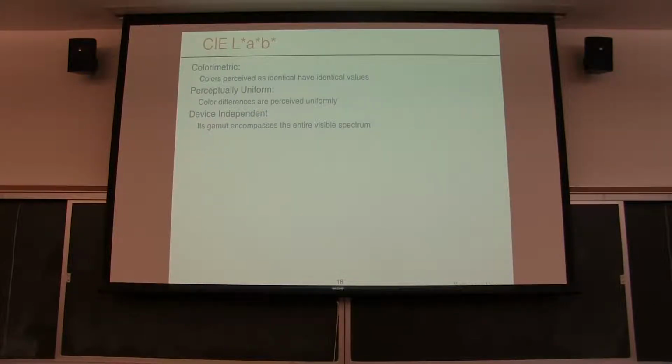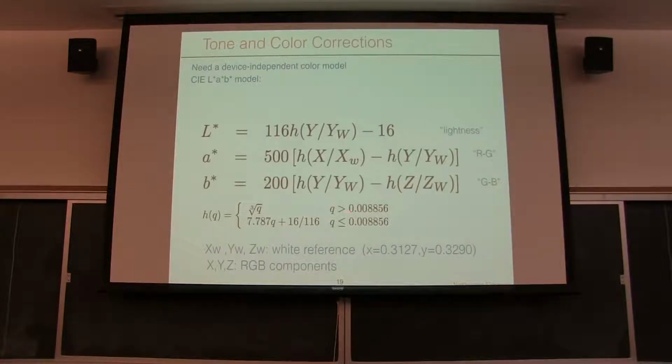Based on that, the color transformations have been derived with a lot of experiments with humans. And the idea is that it's device independent: if I display using this color map on my monitor and on your monitor, other monitors, it will be the same. The transformations are a little more complicated than linear.